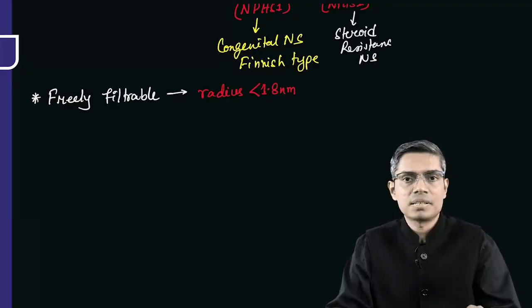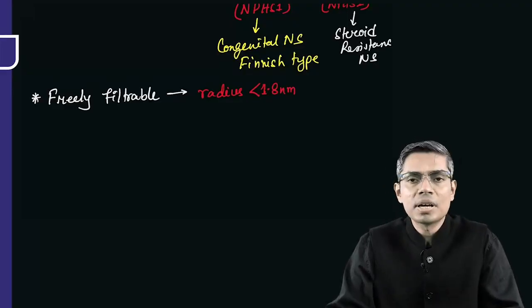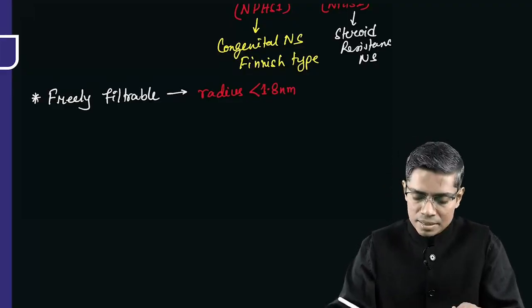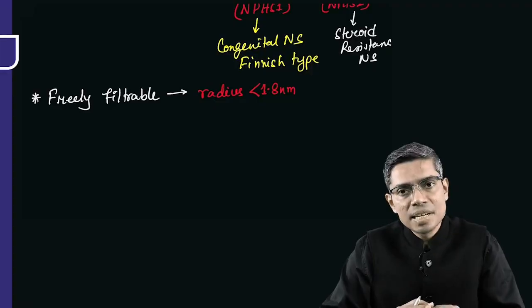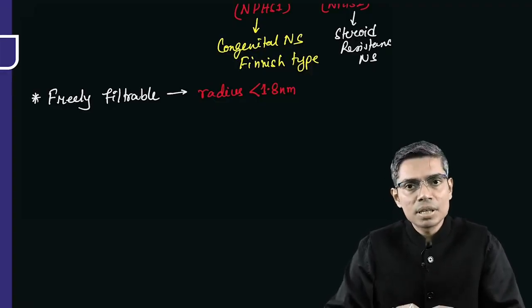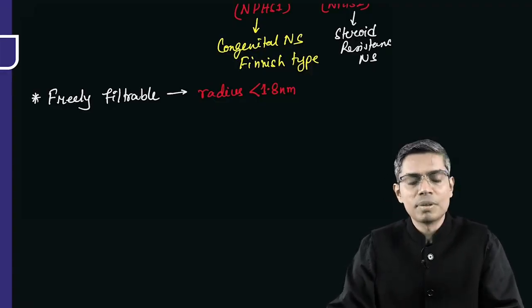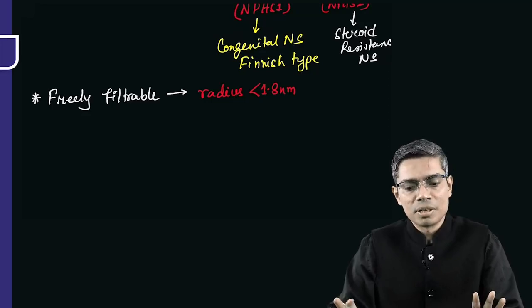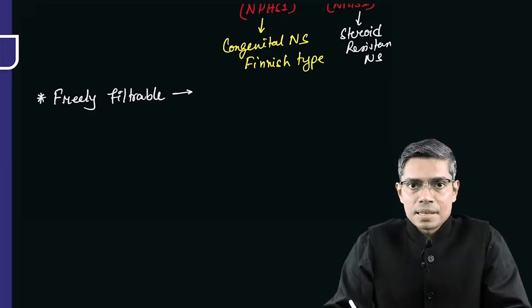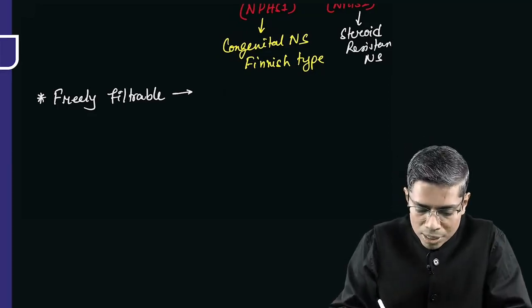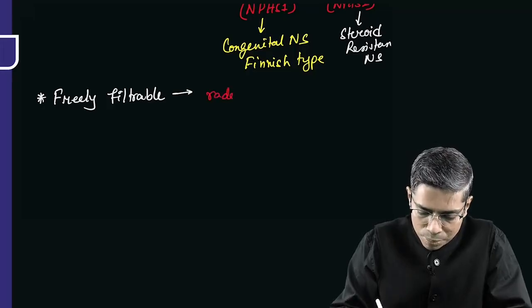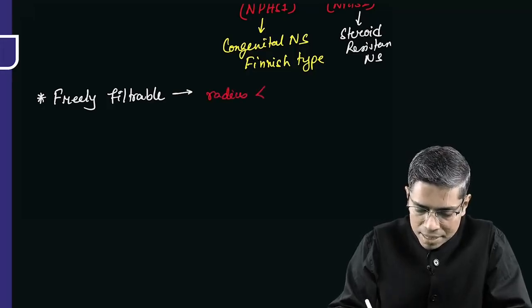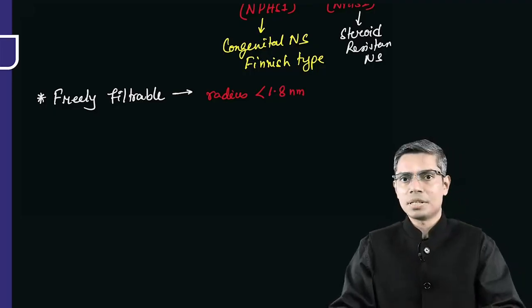If the radius of the substance is less than 1.8 nanometer, then this substance is freely filterable without any hindrance, without any problem at the level of the glomerular filtration barrier. Freely filterable substances mean the molecular radius should be lesser than 1.8 nanometer, right?